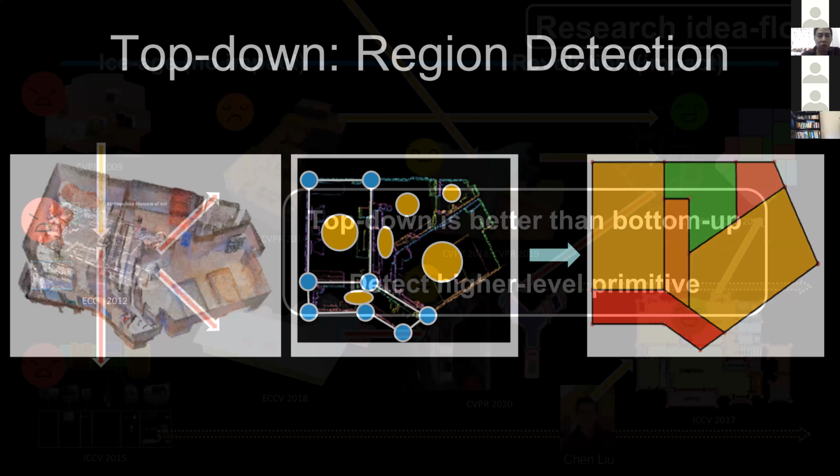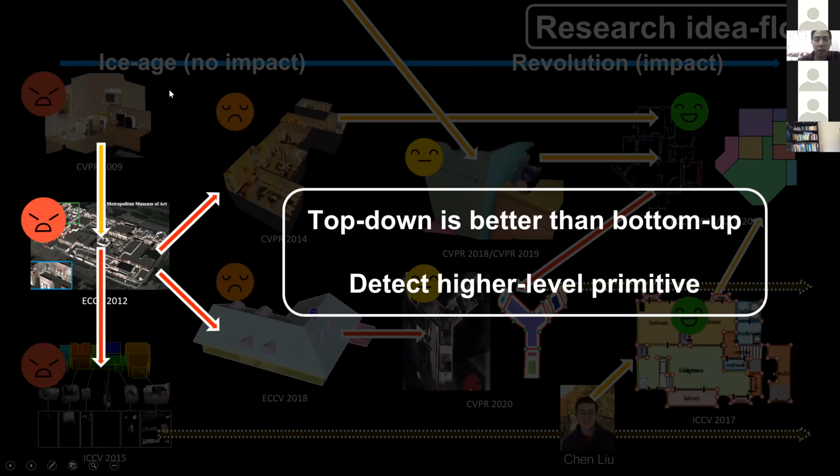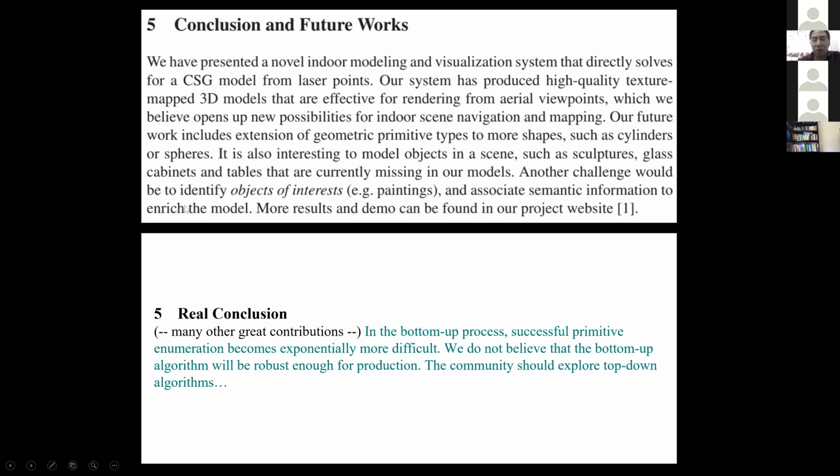So that was a lesson I learned. For this paper, if you look at the conclusion of the paper, this is what we wrote. But maybe I should have written the following way. By the way, this paper has many other great contributions. This paper won the Best Student Paper Award at ECCV, so that's great. But for the technical content, I should have written that in the bottom-up procedure, successful primitive enumeration is exponentially more difficult.